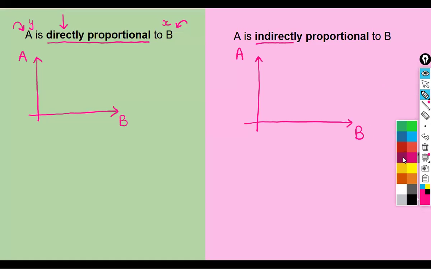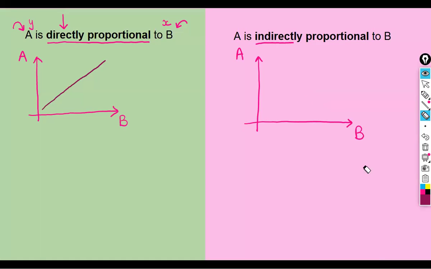Anytime you draw a graph where the phrase is directly proportional, you will always get a straight line. Always, always. And the line will always go upwards, but it will always be a straight line. Anytime it's indirectly proportional, a lot of people think it's a straight line going downwards because directly and indirectly are considered to be opposites.